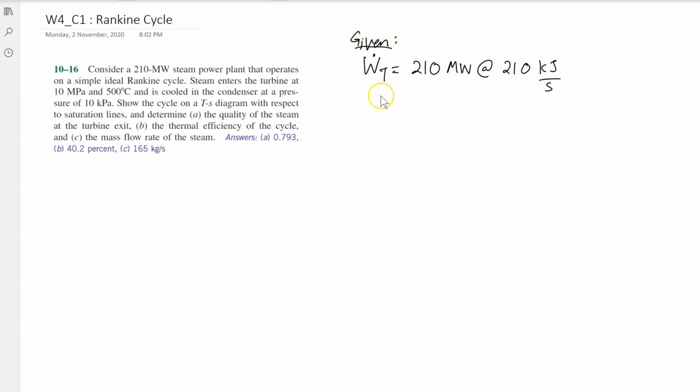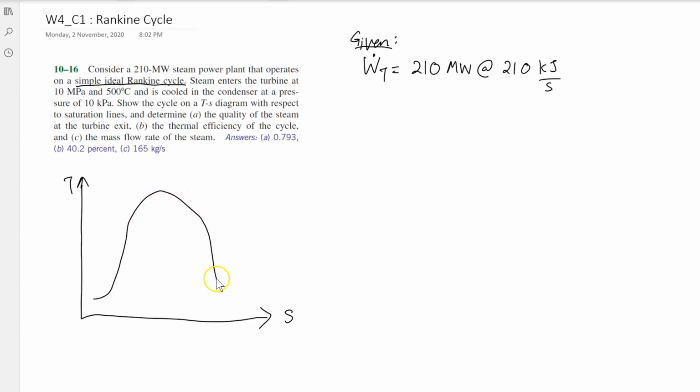Okay, so next, you are given a simple ideal Rankine cycle. So you quickly know that you are going to plot your TS diagram. So you are going to have a bell curve here, and your Rankine cycle will be like this because it's an ideal simple case.